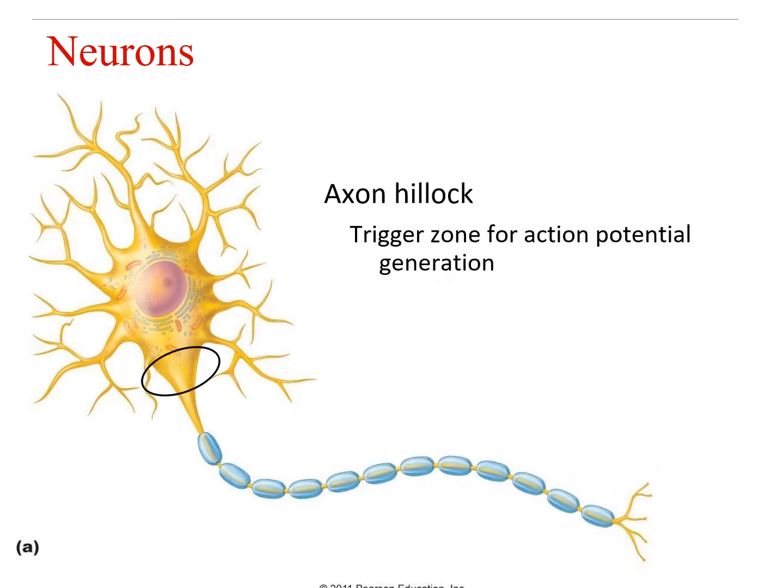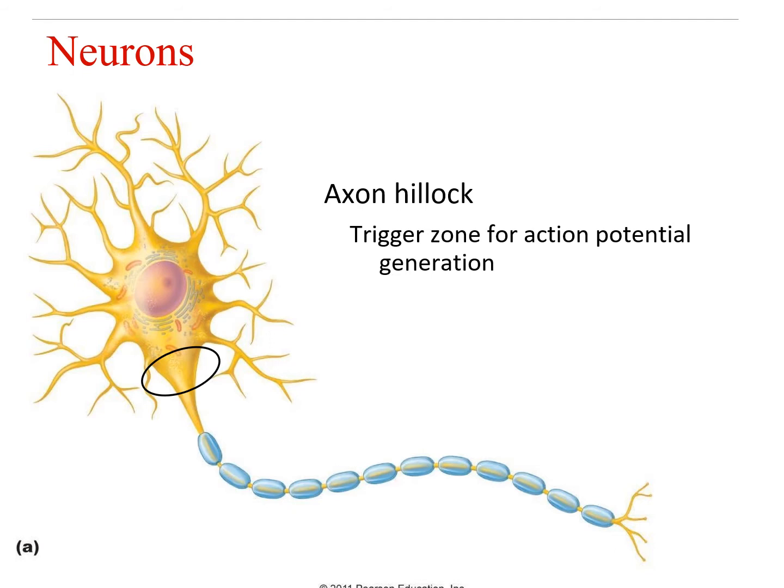This is the axon hillock, where the cell body actually narrows down to the axon. This is going to be the trigger zone for action potential generation. If you'll recall from the last chapter, we talked about action potentials and we talked about a threshold stimulus. The threshold stimulus was one where you reach negative 55 millivolts.